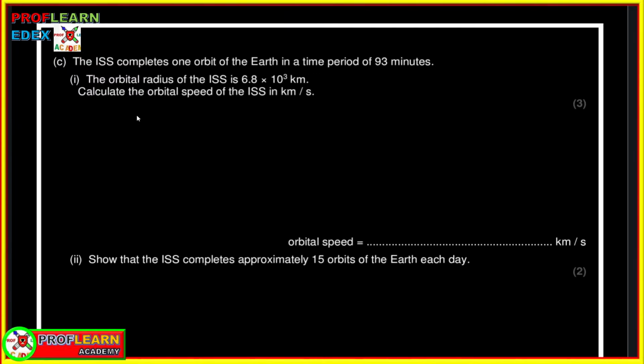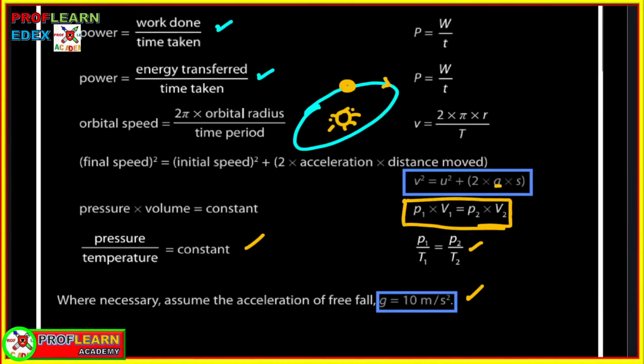ISS completes one orbit in a time period of 93 minutes. The orbital radius of ISS is 6.8 times 10 to the power 3 kilometers. Calculate the orbital speed. Remember, we had said that orbital speed is 2 pi r over T. Let me take you straight to where this formula is in the formula sheet.